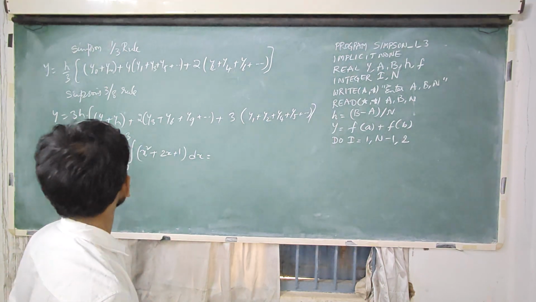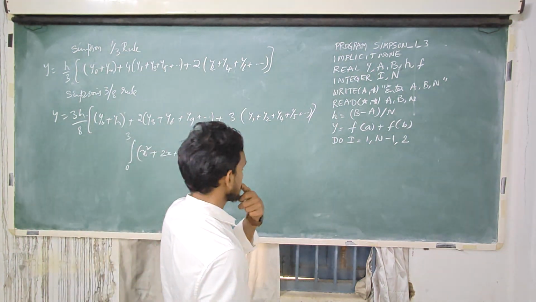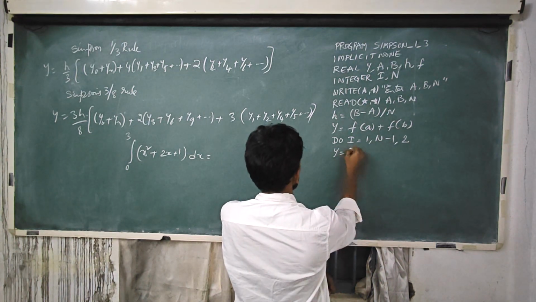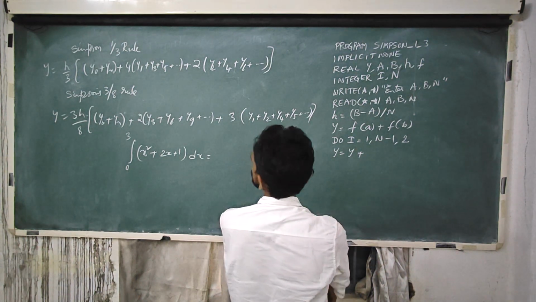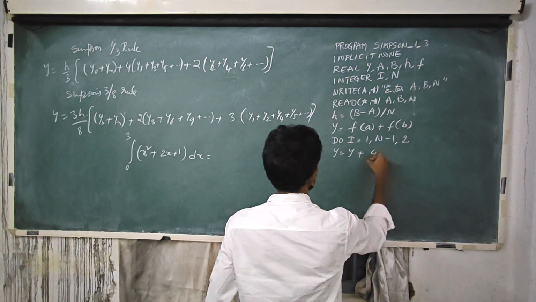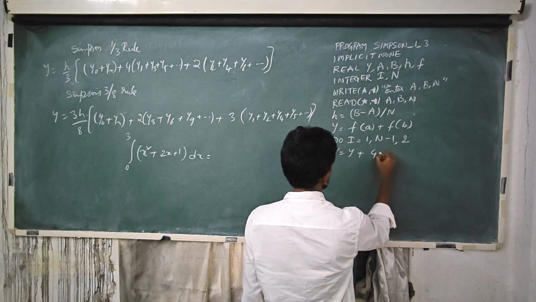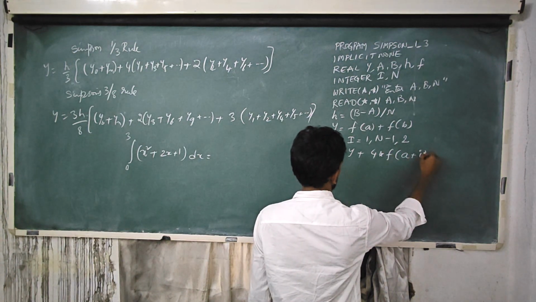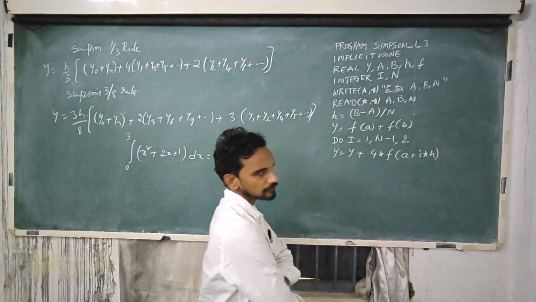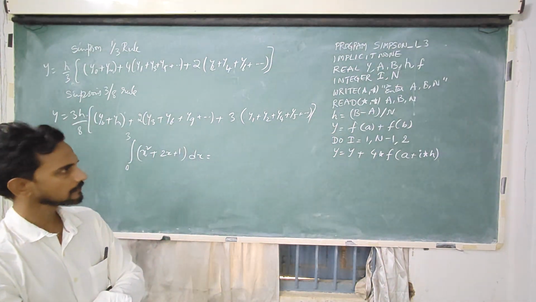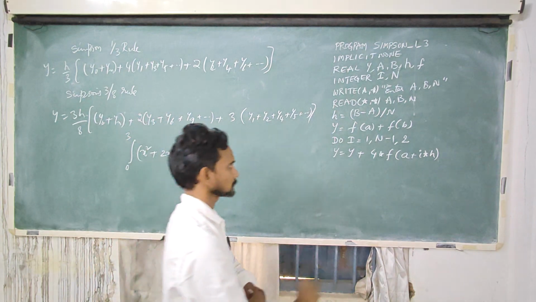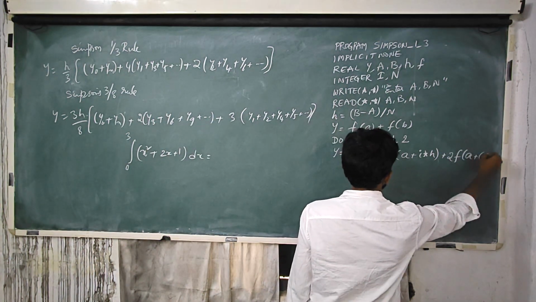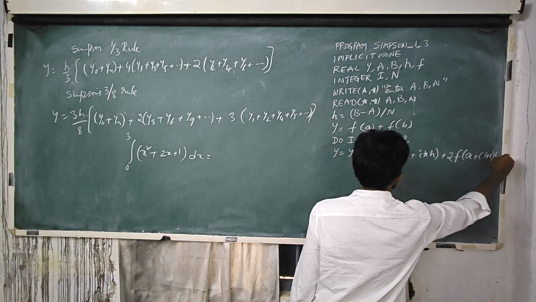Instead of doing it twice, I consider 2 terms at a time. So now what I have to do, y is equal to y plus 4 times f of a plus I h plus 2 times f of a plus I plus 1 h.